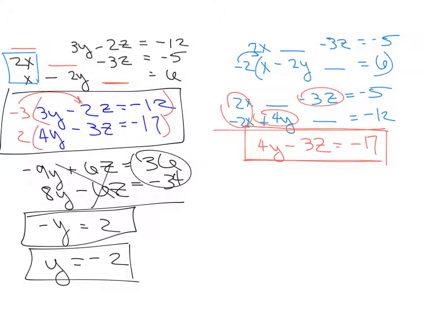Okay, now you'll notice the book did it differently than I did. It doesn't matter which one you eliminate first. So y equals negative 2. So now, again, I look up here and I find an equation with just a y and something else. So like this equation here doesn't have a y, so I'm not going to look at that one. So let's just take this one, x minus 2y.